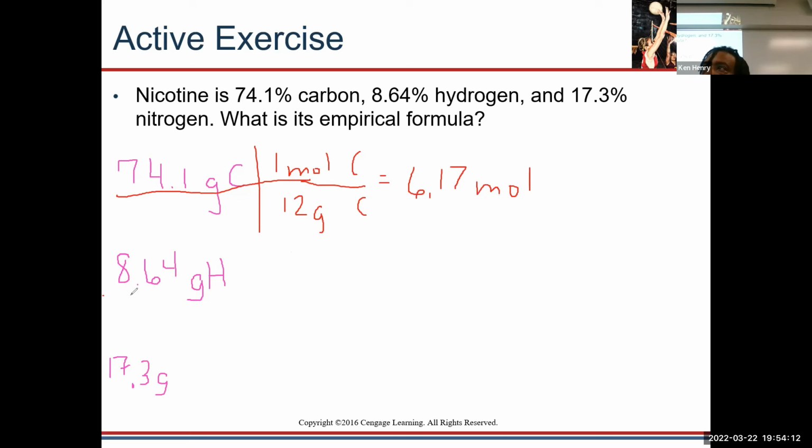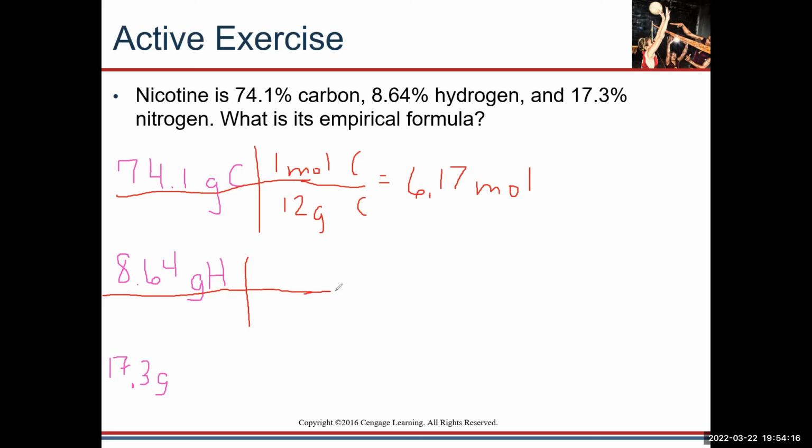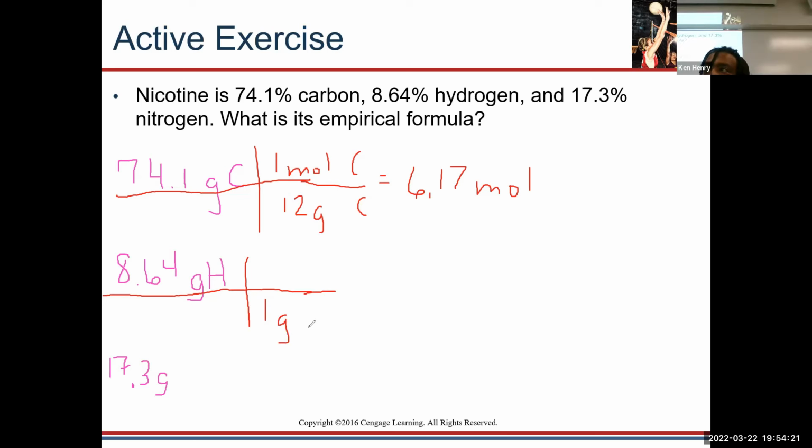And hydrogen, the mass is 1. So the mass of hydrogen is 1 gram per mole.